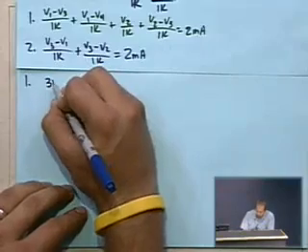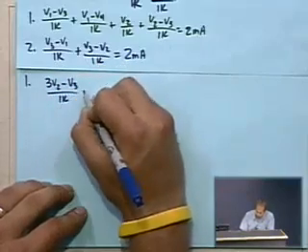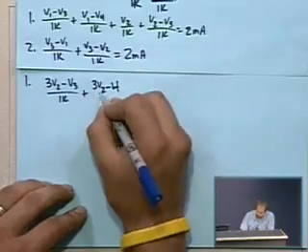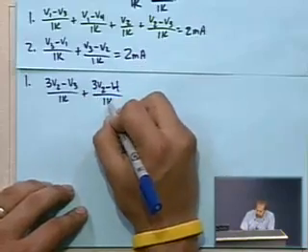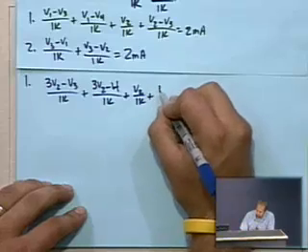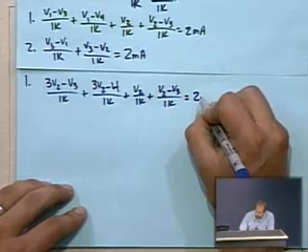So we got 3V2 minus V3 over 1K plus 3V2 minus V4, and that's just 4 volts. So let's get rid of the V4s too for 1K plus V2 over 1K plus V2 minus V3 over 1K equals 2 milliamps.